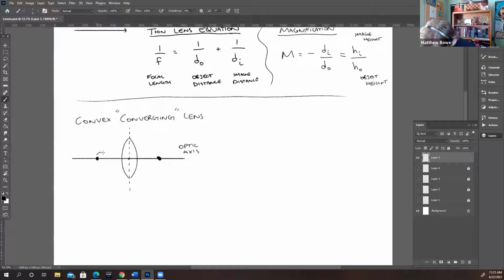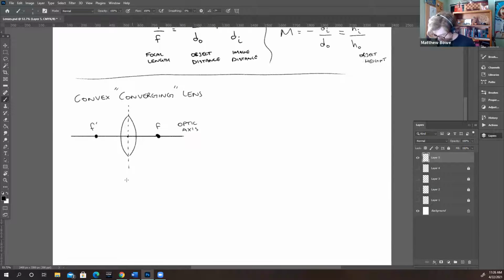That distance from the center of the lens to where light will focus is called the focal point, F. It's the same on both sides, and I could just call them both F, but to keep things easy to tell, I'm going to call the one on the right F and the one on the left F prime.